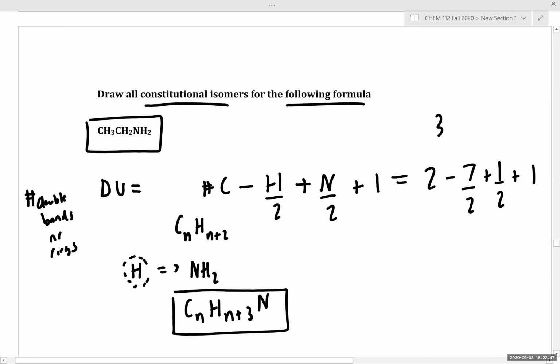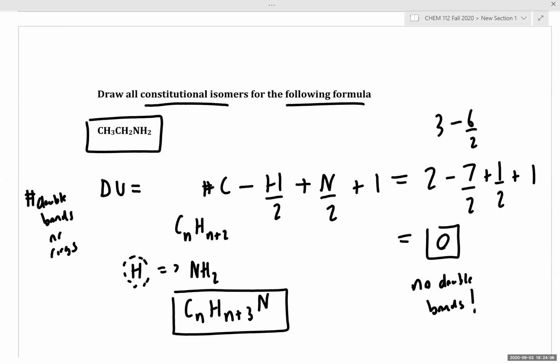So we have 3 minus 6 over 2, which gives us a DU value of 0. So this tells us we have no double bonds. So DU allows you to very quickly see whether or not we have double bonds or rings.